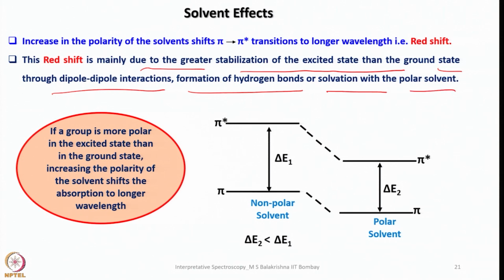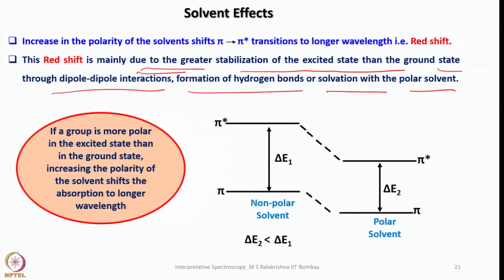So that means increase in the polarity of the solvent brings down the pi star level to a lower level. As a result, what happens? Longer wavelength radiation is required for electronic transition. This is called red shift. Red shift is mainly due to the greater stabilization of the excited state than the ground state. In the earlier case, we saw the blue shift is mainly due to the greater stabilization of the ground state than the excited state. Opposite is true here.